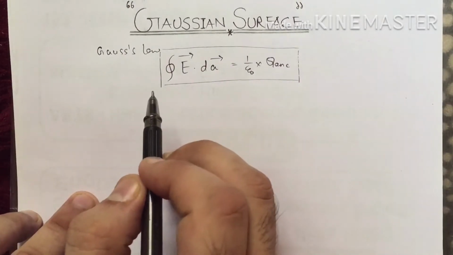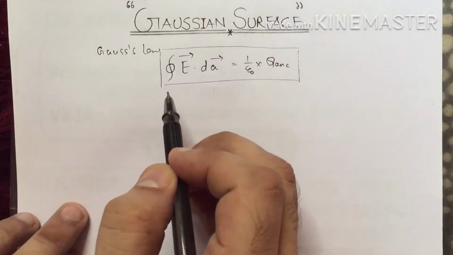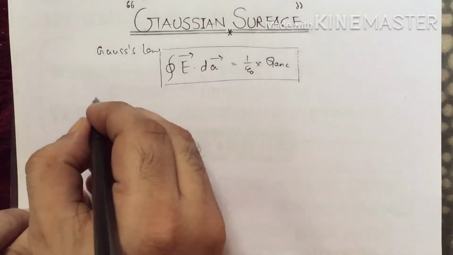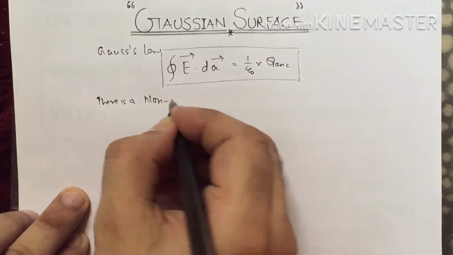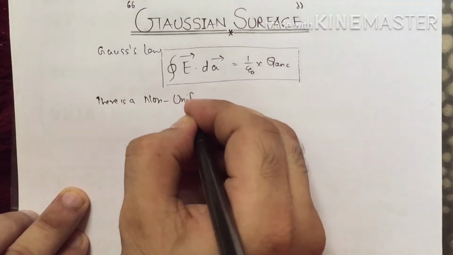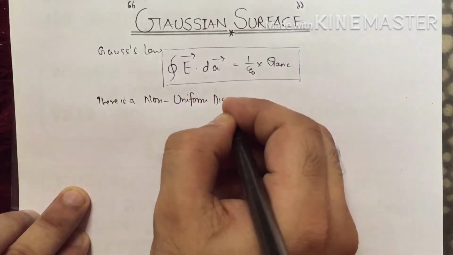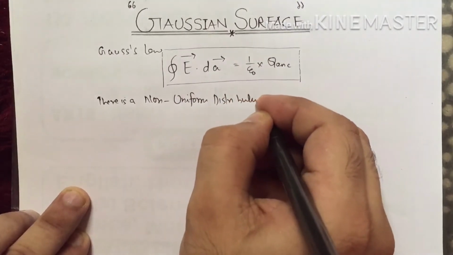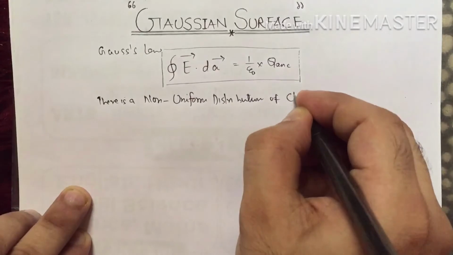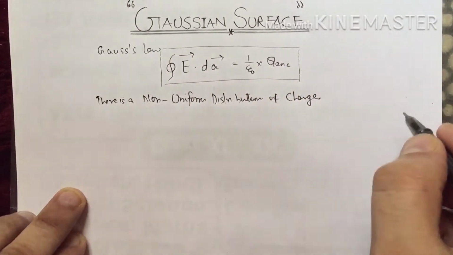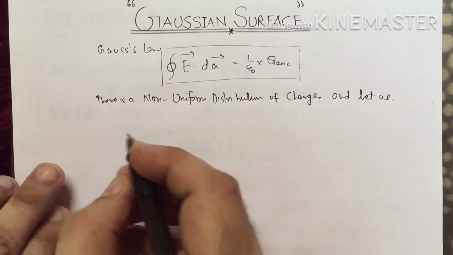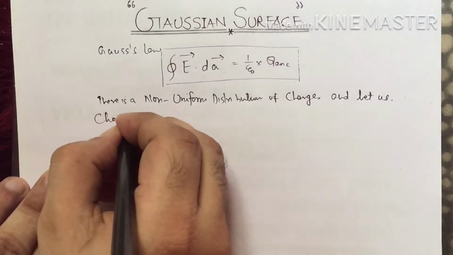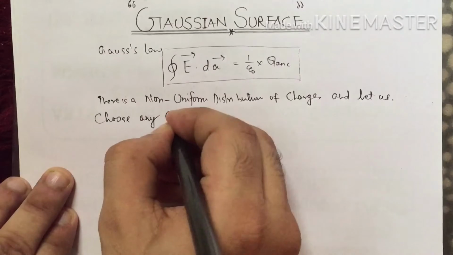So just for simplicity, let us assume that there is a non-uniform distribution of charge, and let us choose any Gaussian surface.